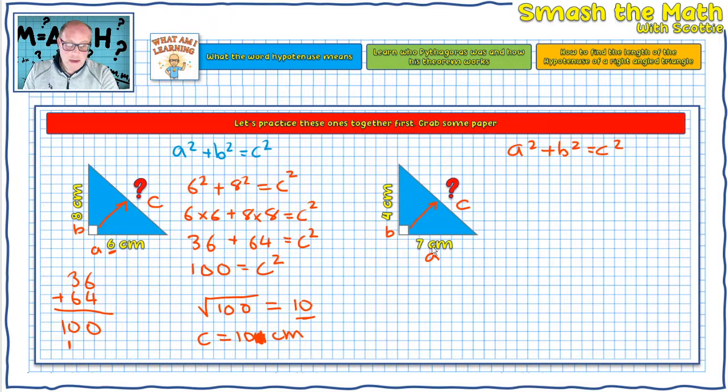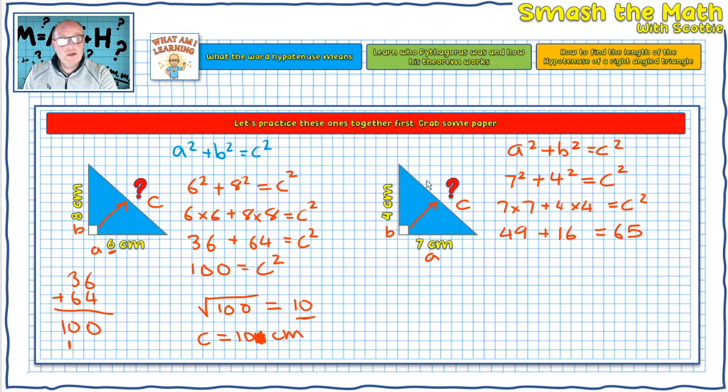So A is 7, so 7 squared, don't forget squared, plus B, which is 4, 4 squared. We add them together, we'll get C squared, or the size of the square there. Okay, so 7 times 7 plus 4 times 4 equals C squared. So 7 times 7 is 49, plus 4 times 4 is 16. Add those two together, I won't do that now, but that's 65.